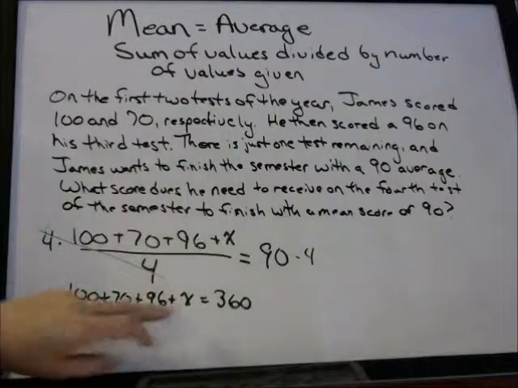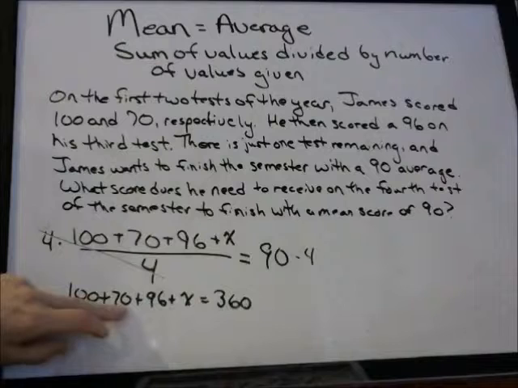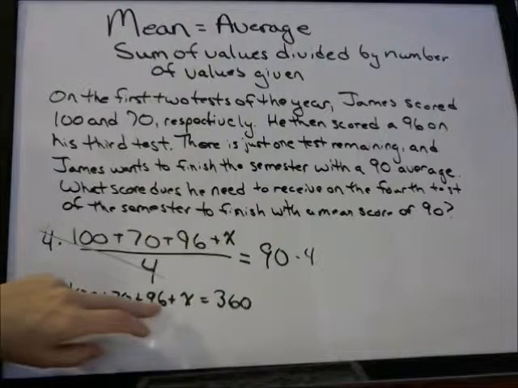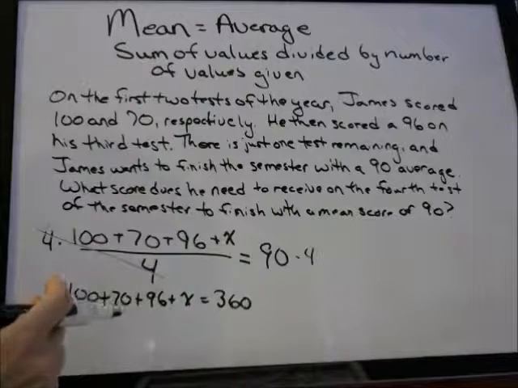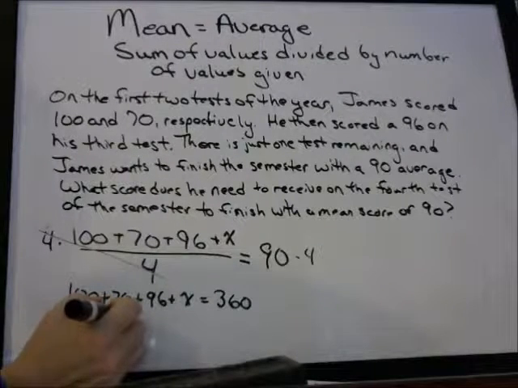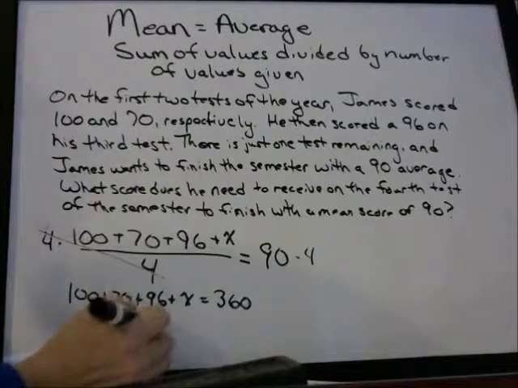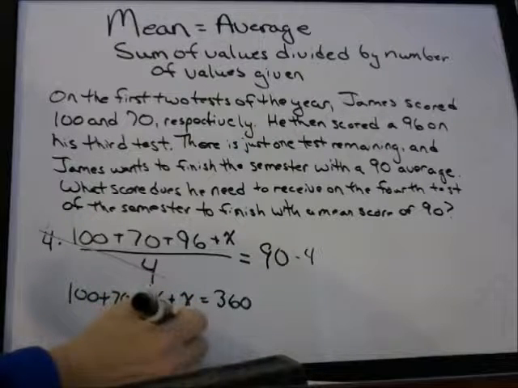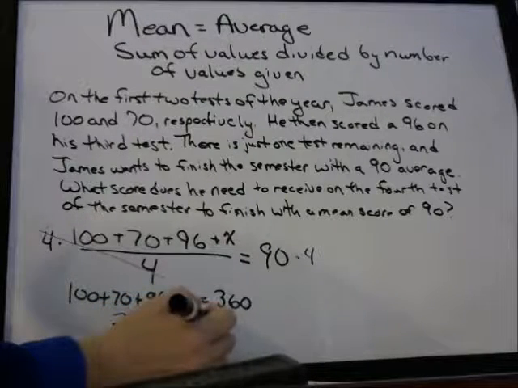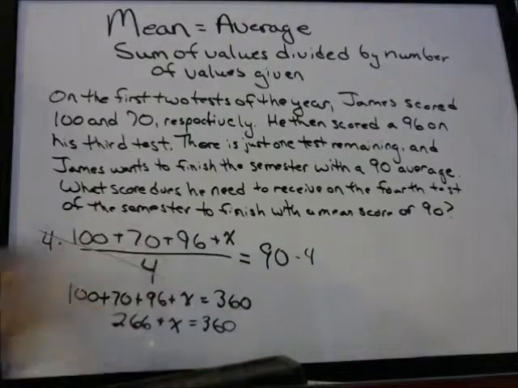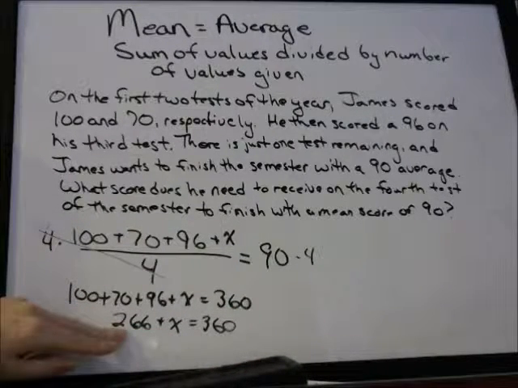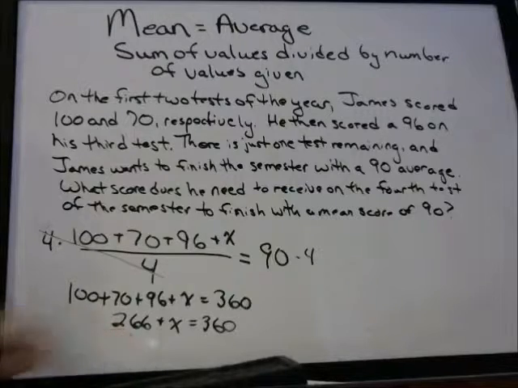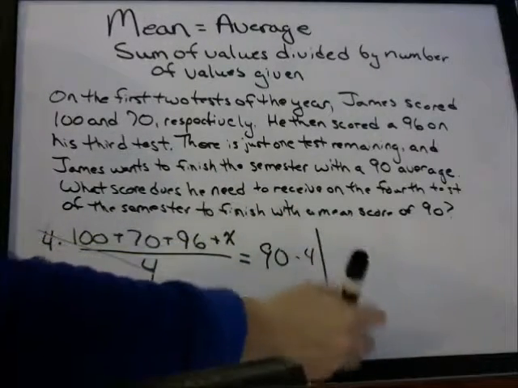Still solving for X. We can add these up. So 100 plus 70 plus 96, you are going to get 266 plus X equals 360. So we're just solving for X, which is very easy. This is a positive 266. So to get rid of that, I'm going to come up here.